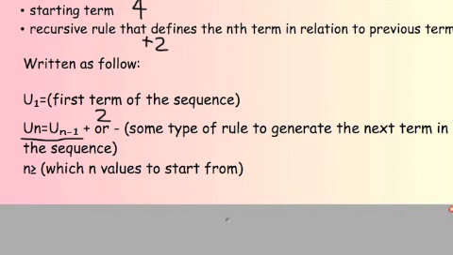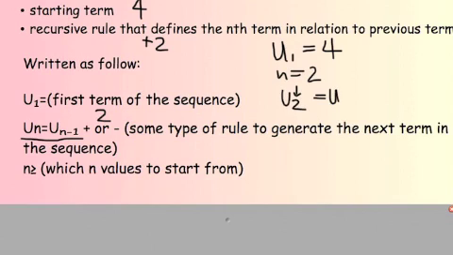So what this will look like is, for example, U1, that's when n is equal to 1. That's the first term in the sequence. That will equal 4. For n equals 2, meaning that we're looking for the second term in the sequence, it is written this way. U sub 2. Again, this 2 represents the second term. In order for you to find the second term in the sequence, you must take the previous term, which is indicated by U2 minus 1.